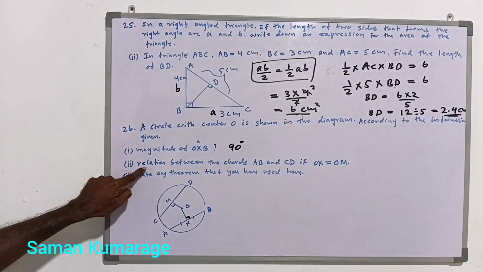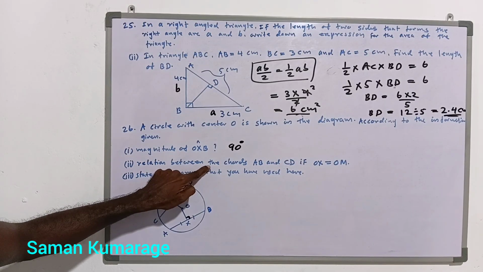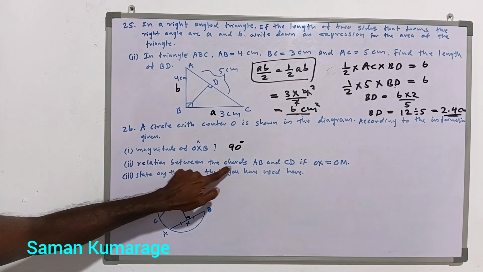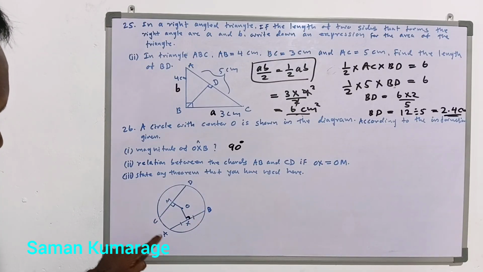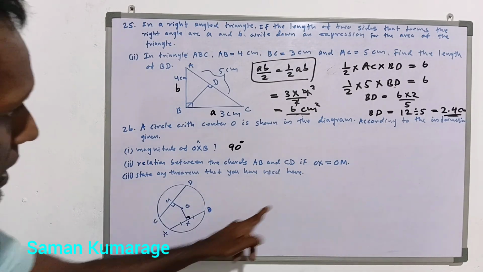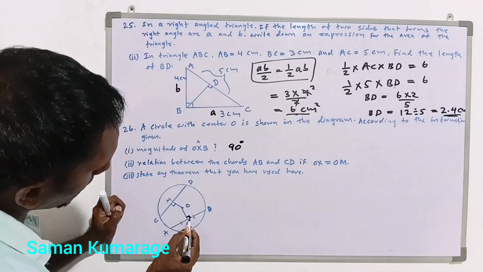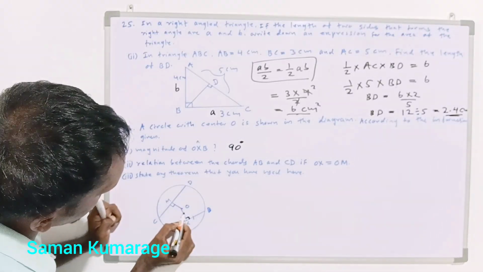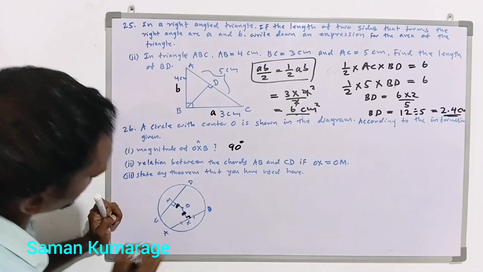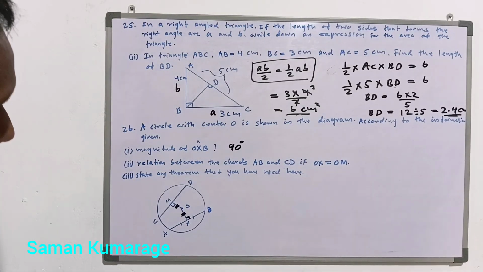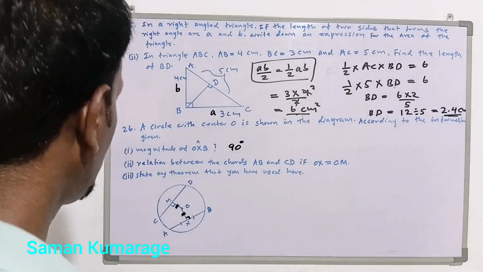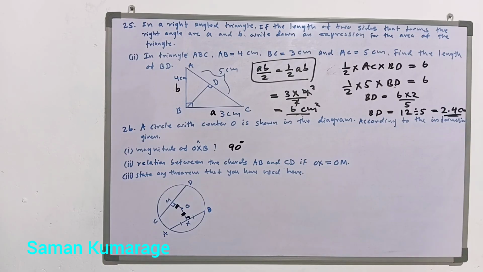Second, the relationship between the chords AB and CD if OX equals OM. They are saying this OX equals OM. So we have to find the relationship.